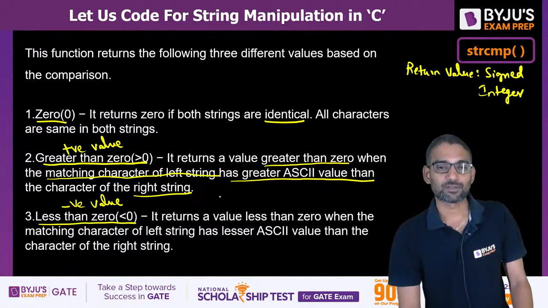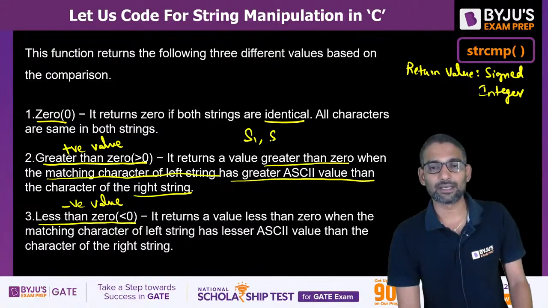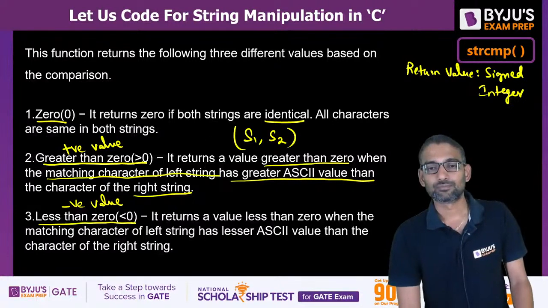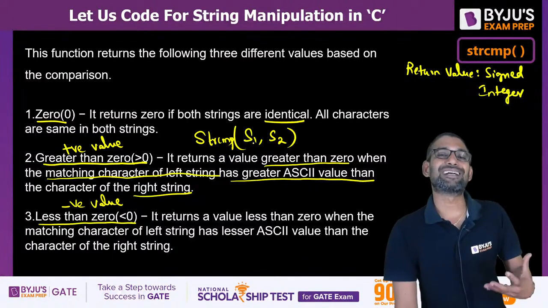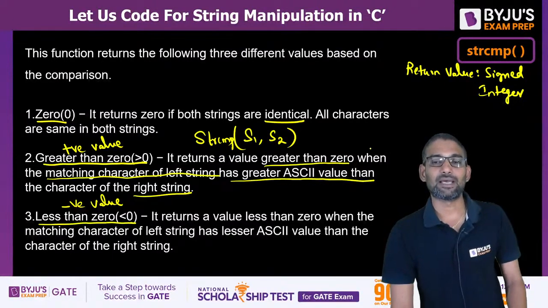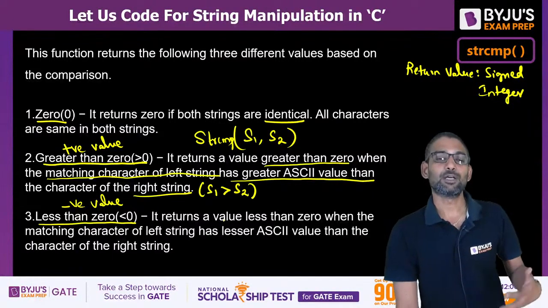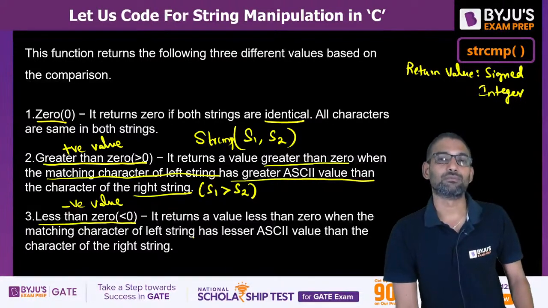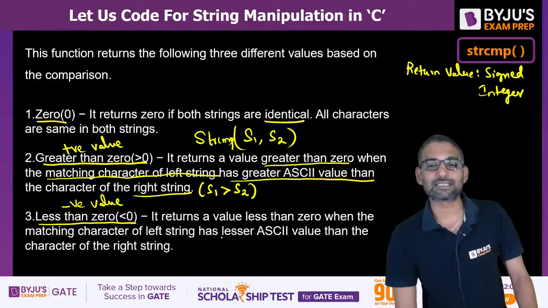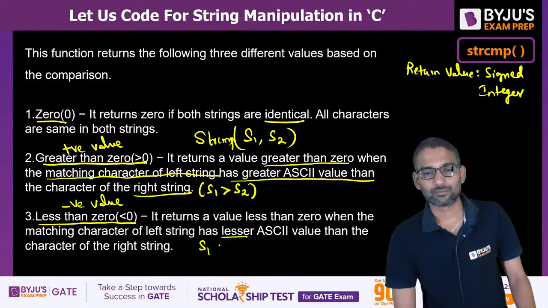Okay. So in S1 comma S2, suppose I am using S1, S2. If S1 is greater than S2, when S1 is greater than S2, you will get a positive value. If S1 is lesser, then you will get a negative value.